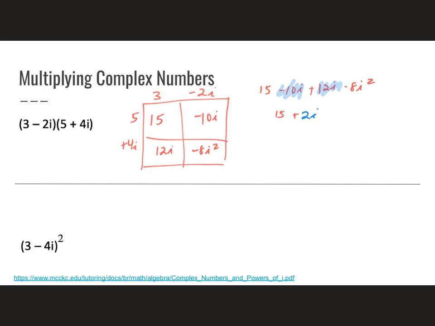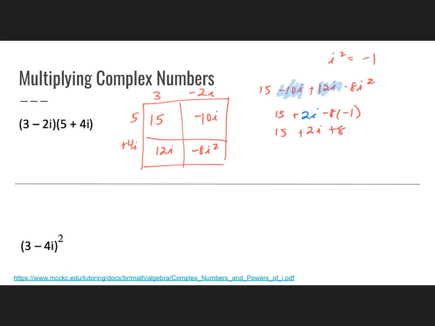And over here I have this i squared, and I want to just be mindful of my powers of i. I know that i squared, from that previous slide, simplifies to negative 1, right? So this is really negative 8, and instead of multiplying it with i squared, I'm going to be multiplying it with negative 1. And so when I do negative 8 times negative 1, this is actually 15 plus 2i plus 8.